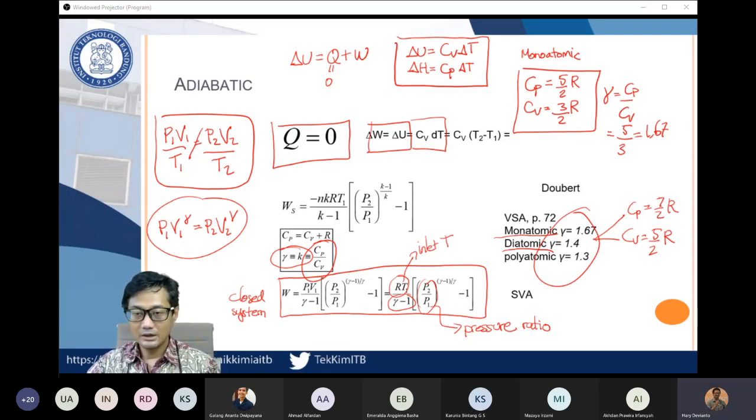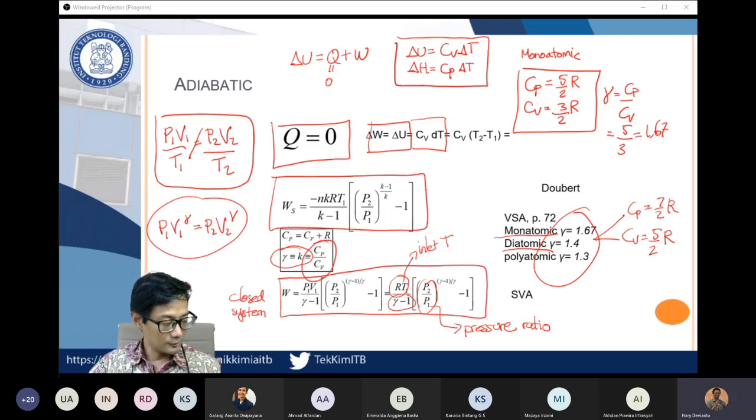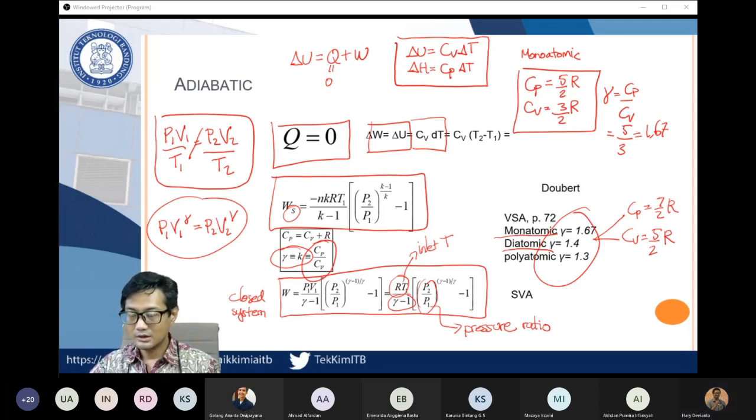Okay. The next one that I want to emphasize is the other work, but with S as a subscript here. The previous one is only work, only W. Now Ws. This is shaft work.